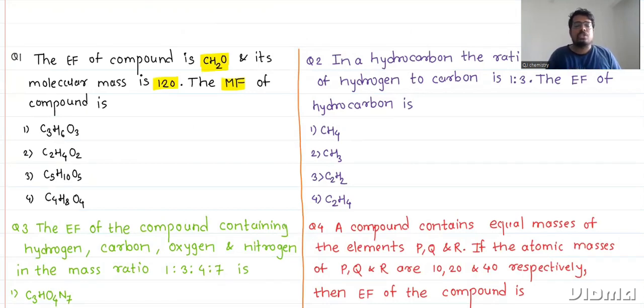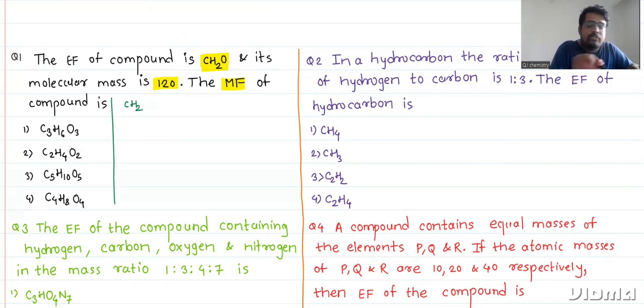The empirical formula of the compound is given to us and its molecular mass is also given. Now, how to calculate the molecular formula? To calculate the molecular formula, the required thing is the value of n. If you know the value of n, then it is easy to find the molecular formula, right? So the empirical formula is CH2O.